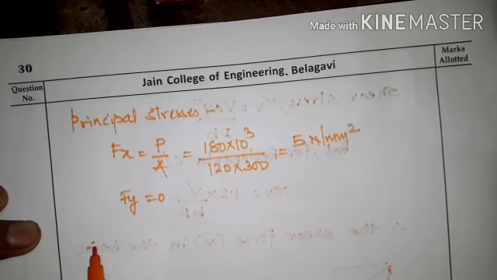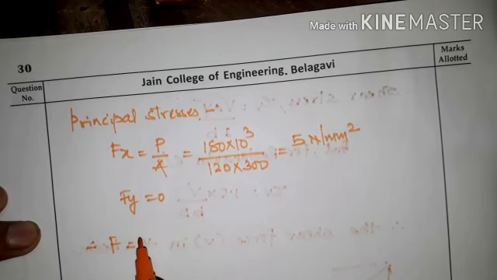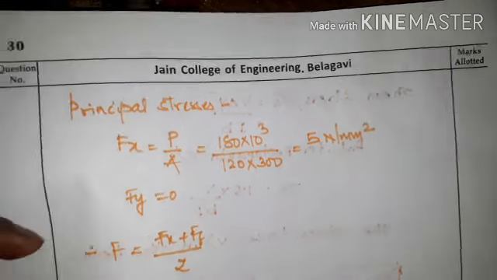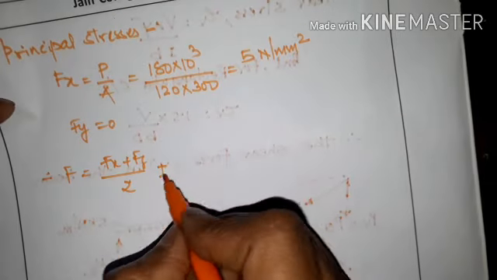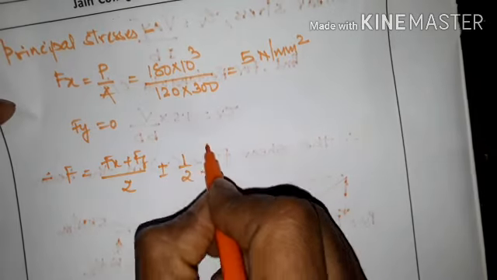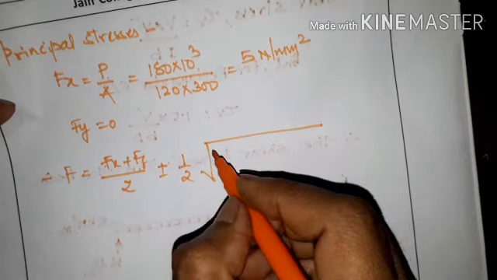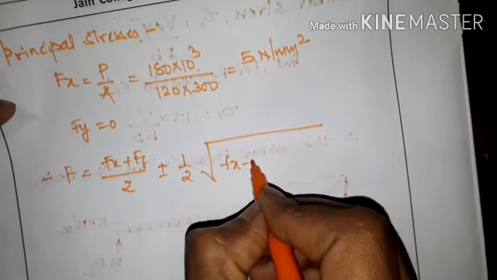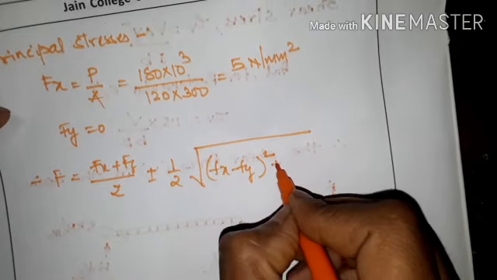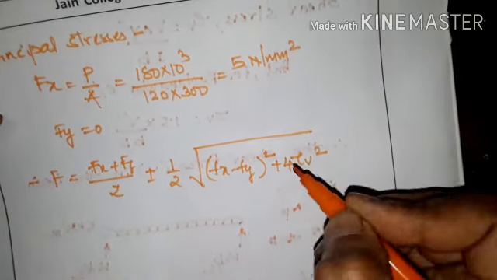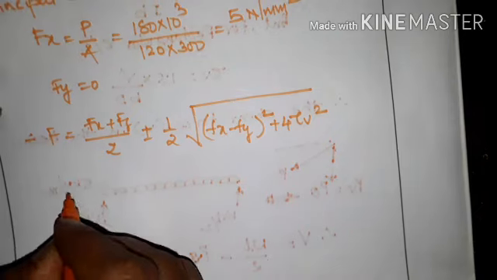Therefore F is equal to Fx plus Fy divided by 2, plus or minus half of square root of Fx minus Fy square plus 4 tau v square. This is the equation for principal stresses.